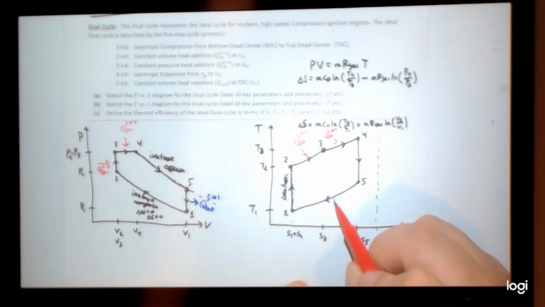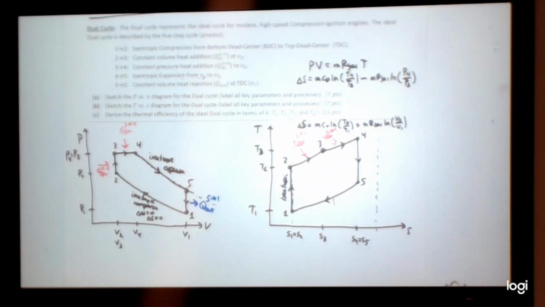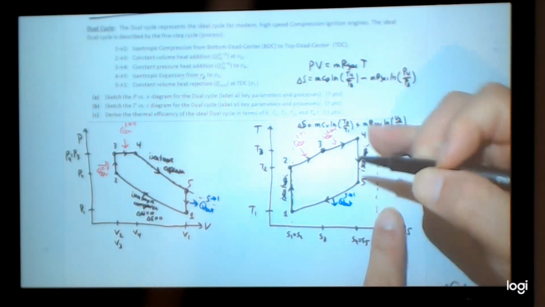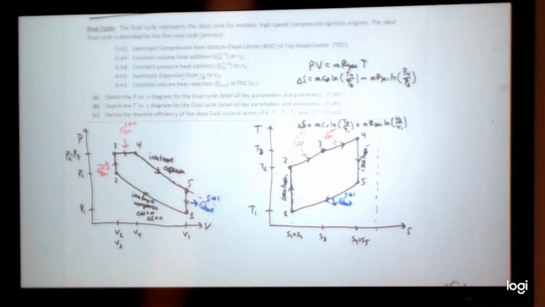And draw my blue again. Q out. And I can write here isentropic. So there's my corresponding sketch of the PV and TS diagrams.